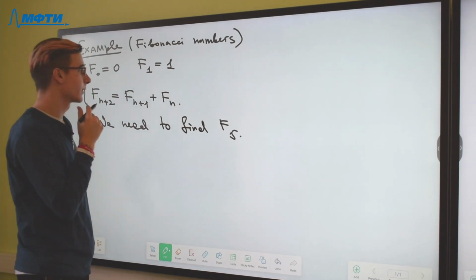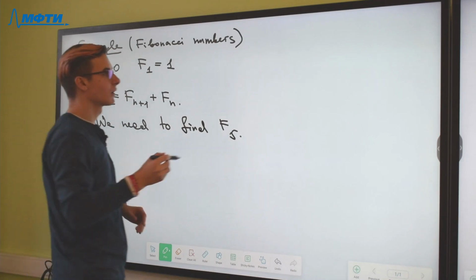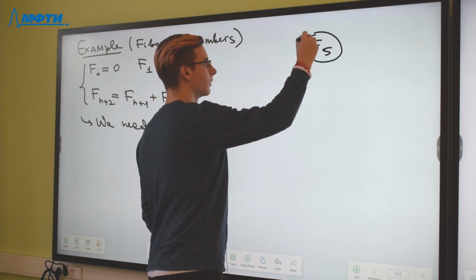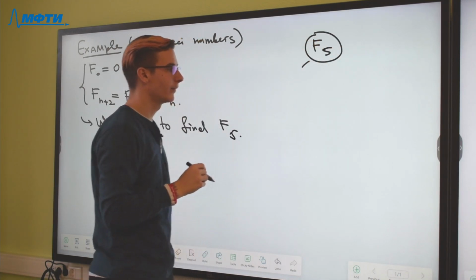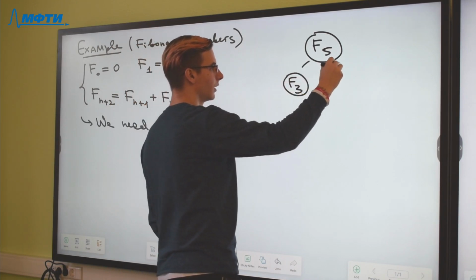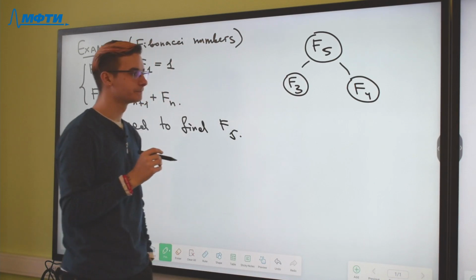Recursively, for example, we can use this formula and say that to find f5, we need to find f3 and f4.